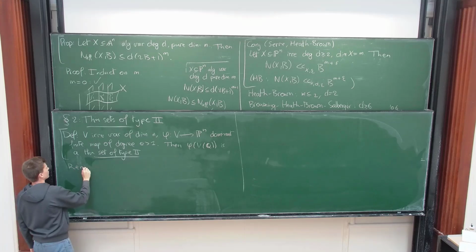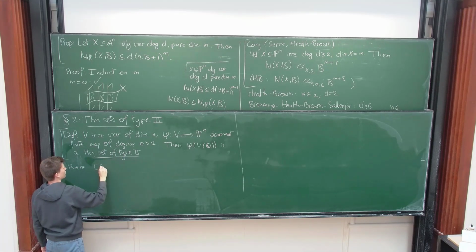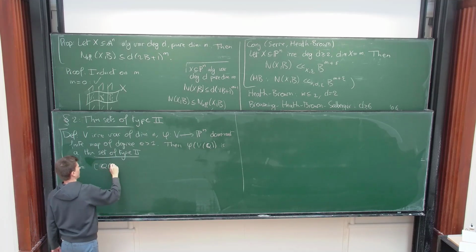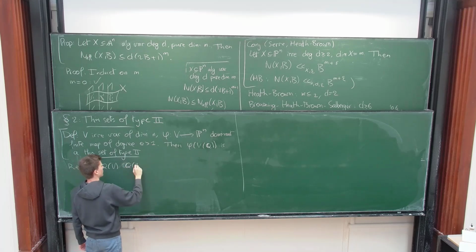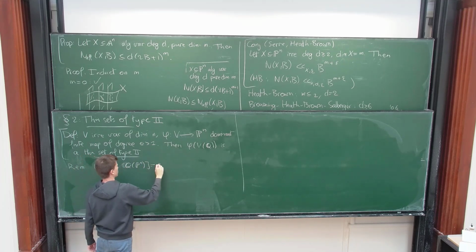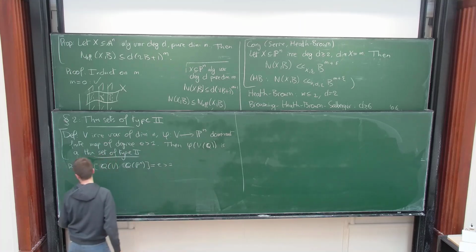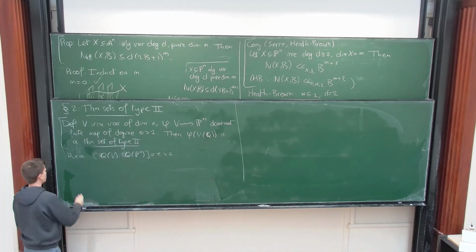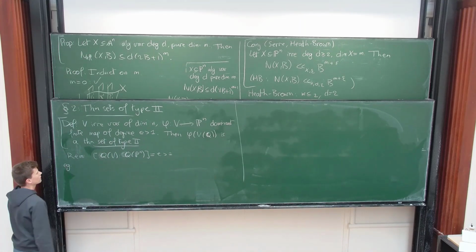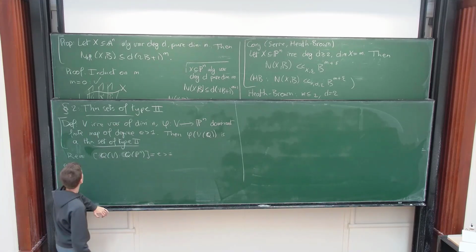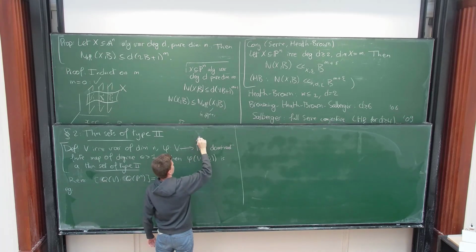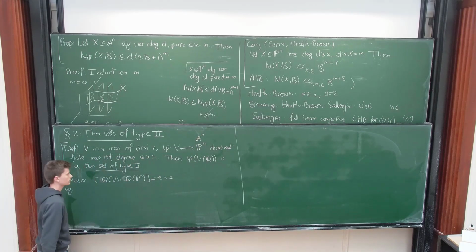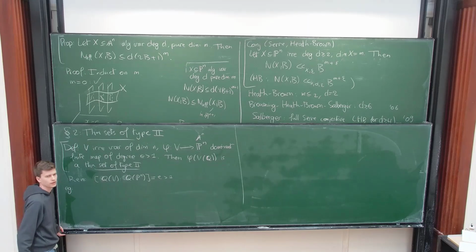One small remark: this assumption on degree just means that this function field extension is of degree e, so it's strictly bigger than 1. I should also say you can also do it with An, and then you get a thin set of type 2 in An.